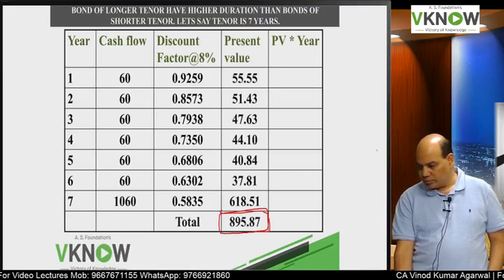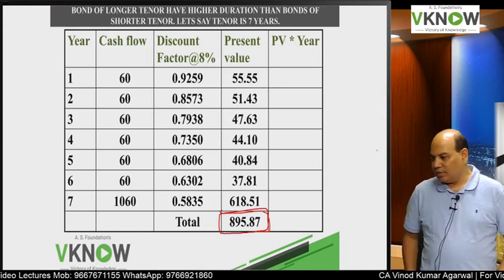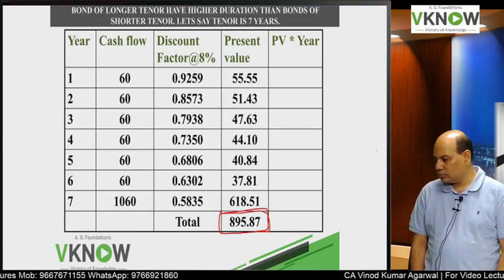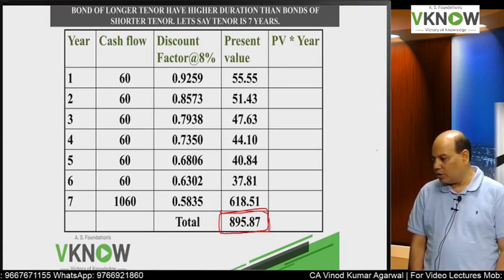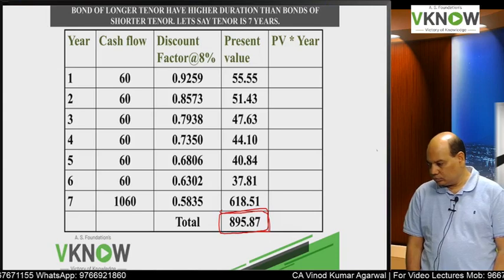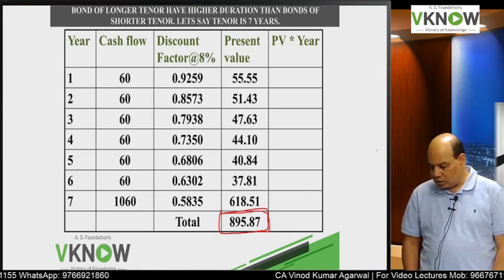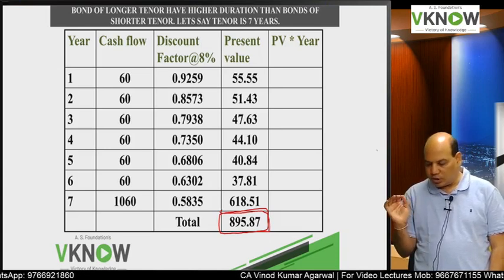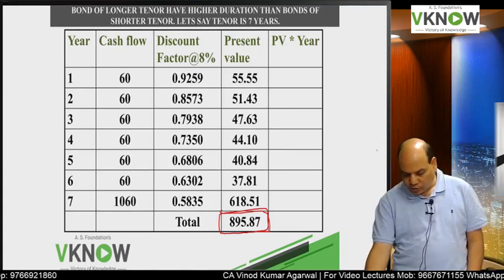Yes, come on. Anybody who got the answer? 895.87. Is it approximately 895.87? Yes. Last 2 digits after decimal can be different. Still you are right. One student has got it.